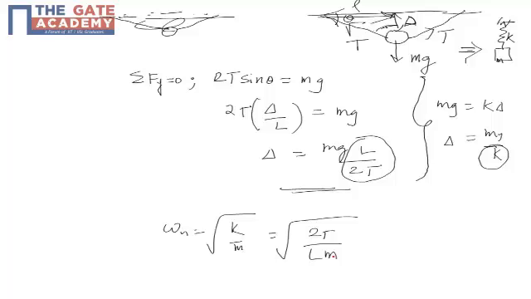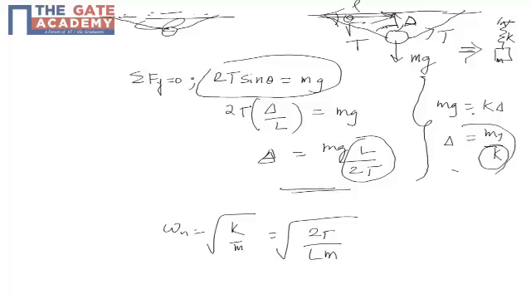You have many such problems where, for a given system, you always write down the equation in static equilibrium and then get a relation for the static deflection and compare it with that of a spring mass static deflection.